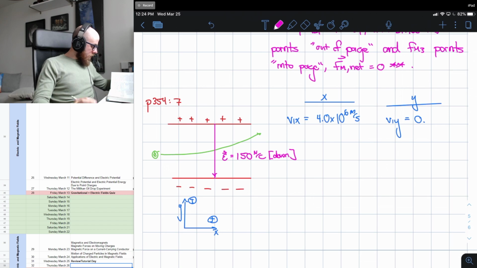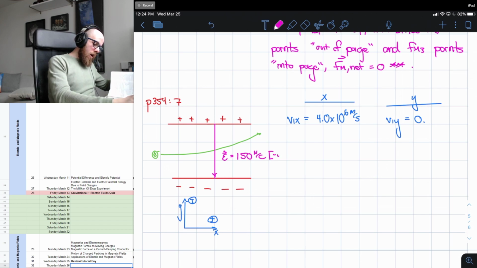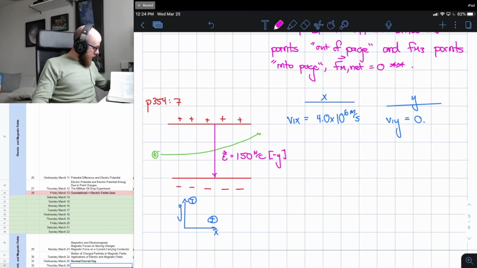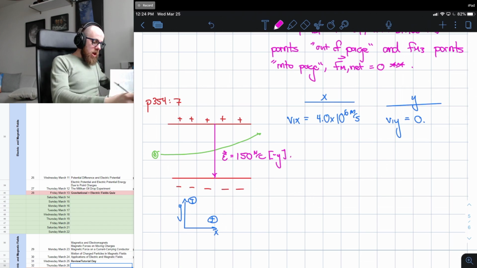Actually, let's do that direction: negative y direction. And the plates are 6 centimeters long. So let's also label that here. We'll call that dx. dx is 6.0 centimeters.